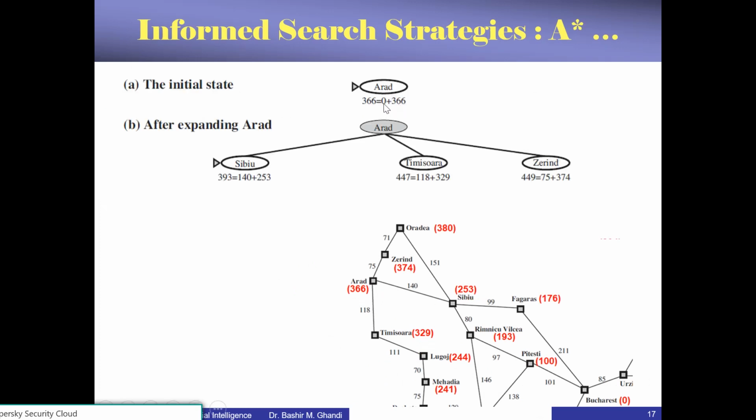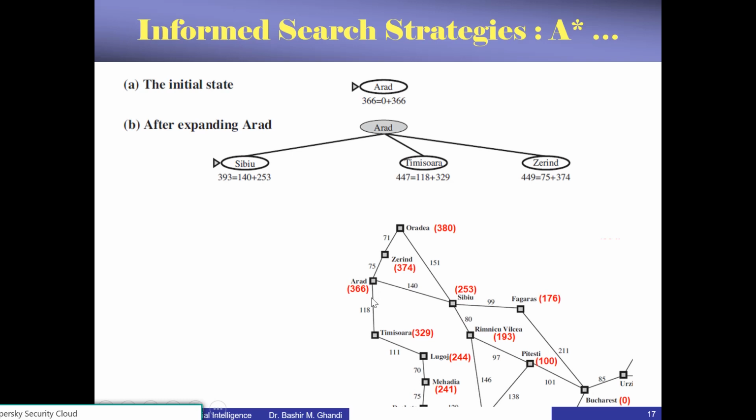Now here, as you see, we will be adding the cost to reach where we are plus the cost from where we are to the goal state, which is Bucharest. Obviously Arad is the starting state, so it didn't cost you anything to reach there. You're already in Arad. But the cost from Arad to Bucharest is an estimated value of 366. Since it is the only state, we have to expand it.